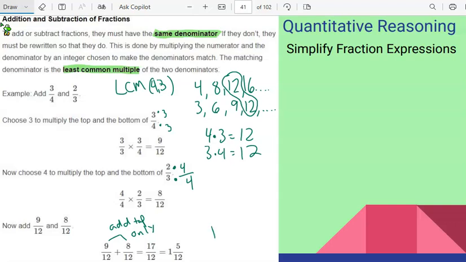To find this, we use long division. 12 goes into 17 one time. Subtract, you get a remainder of 5. So that remainder is what is in the numerator of your mixed number. Your denominator is just the 12 that you had originally, your divisor.